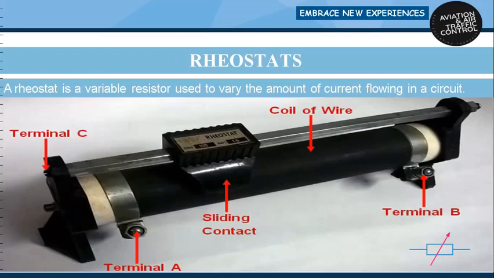Since the rheostat resistance and the fixed resistance are in series, the total resistance in the circuit also increases and the current in the circuit decreases. On the other hand, if the slider arm is moved towards point A, the total resistance decreases and the current in the circuit increases.